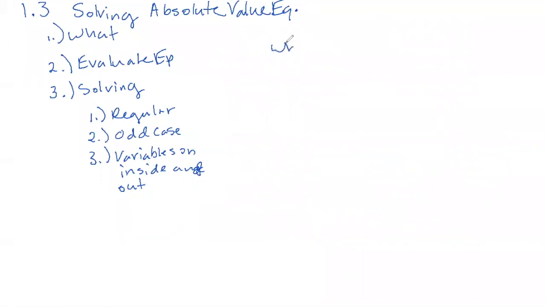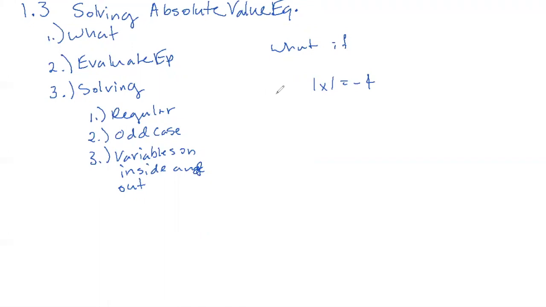What if you have the absolute value of x equals negative 4? I want you to take a minute and think about it. If you got that this cannot exist, you're absolutely correct. Well, why can't it exist? What's the definition of absolute value?